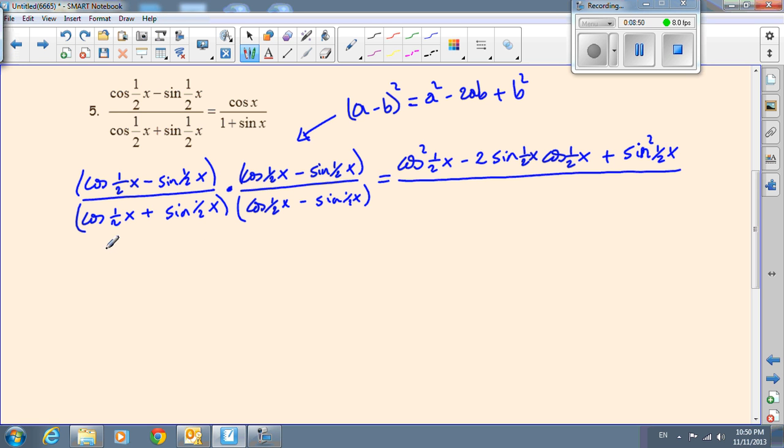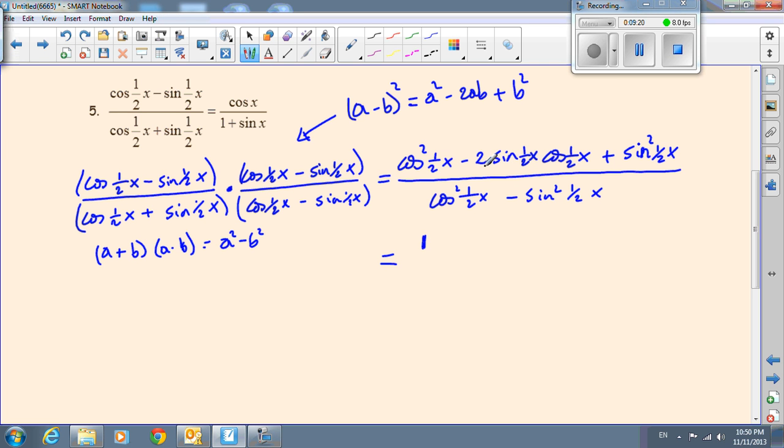For the bottom, this is a plus b, a minus b, and I'm going to set it equal to a squared minus b squared. So for the bottom, I will say this is cosine squared of 1/2 x minus the sine squared of 1/2 x. At this point, I will say cosine squared of 1/2 x plus sine squared of 1/2 x is 1.